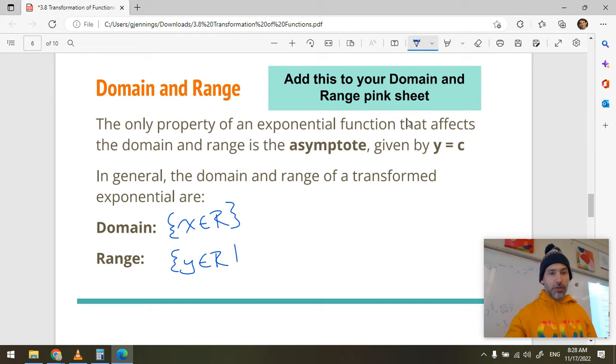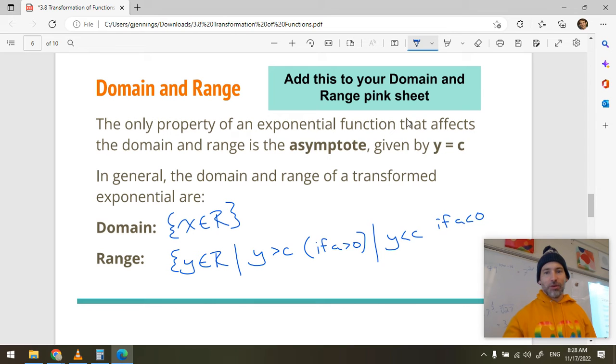And so y's of the reals, but y is greater than c if a is bigger than 0. And then you would also have y is less than c if a is less than 0. Why do I need to qualify this with a?